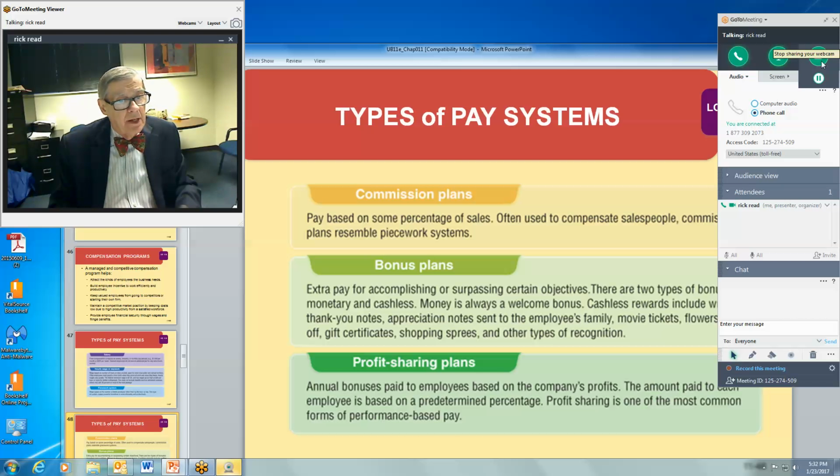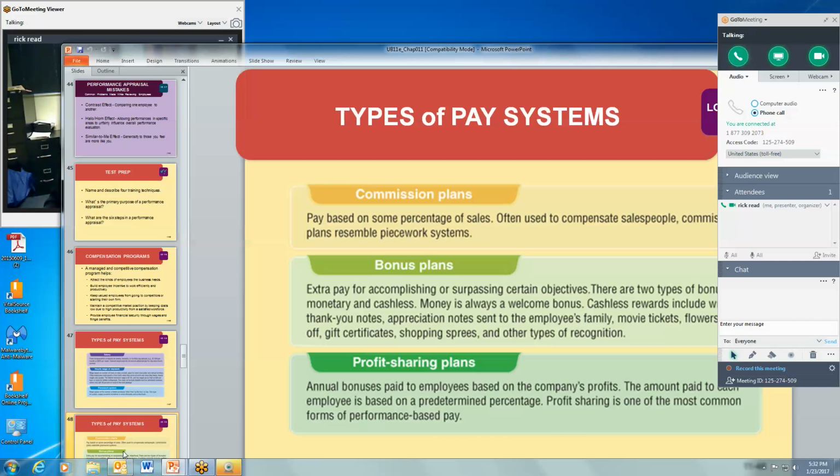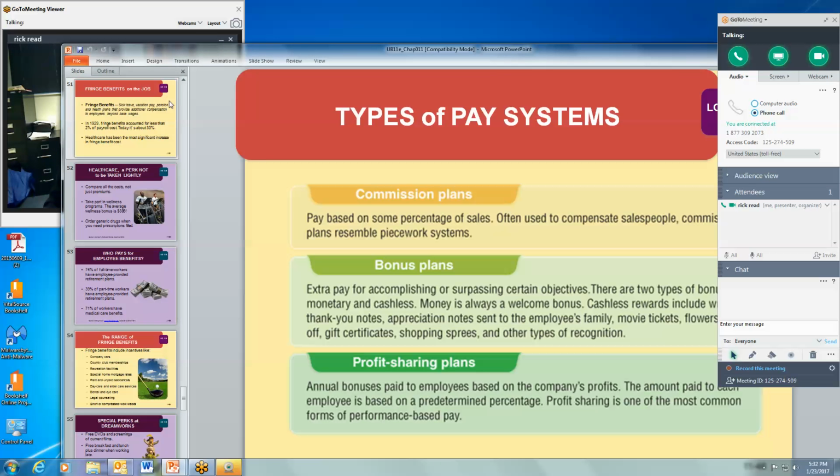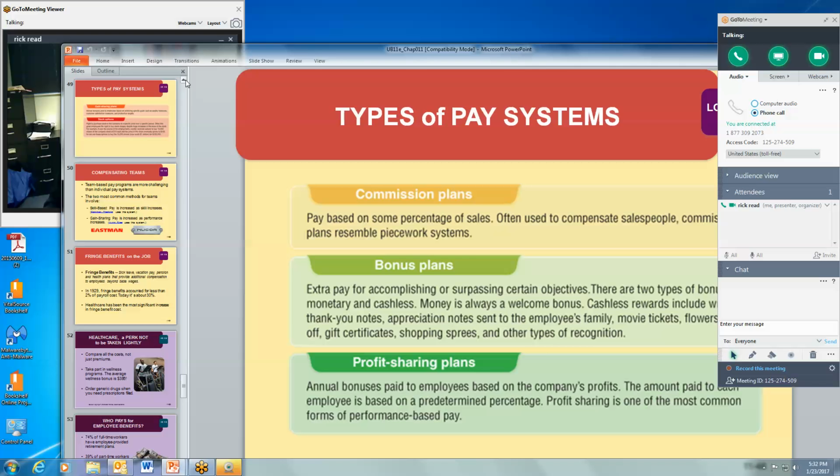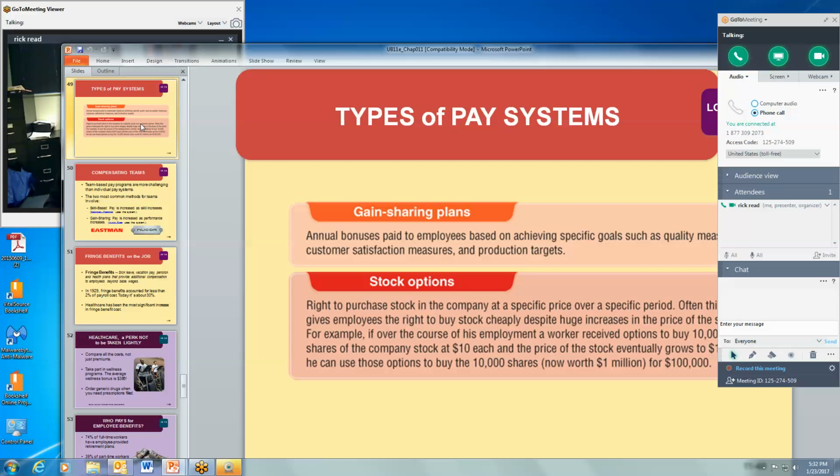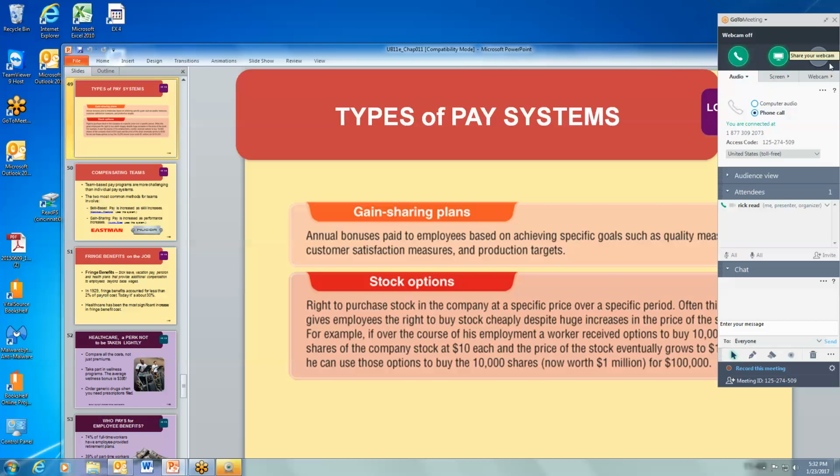You go over quota, you get extra money, and then profit sharing. Pardon me, the company made a profit, you're going to share in that profit. And then you have gain sharing plans, and then you have stock options.